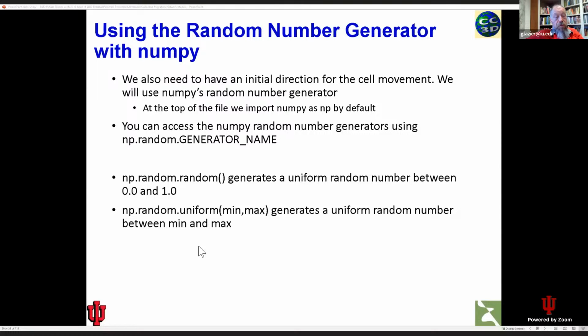So if you want a random number between -1 and 1, we'd say np.random.uniform(-1.0, 1.0). And we can generate Gaussians and Poisson distributions and other things. That's all in the NumPy manual. Again, we're not going to need all of that detail today.